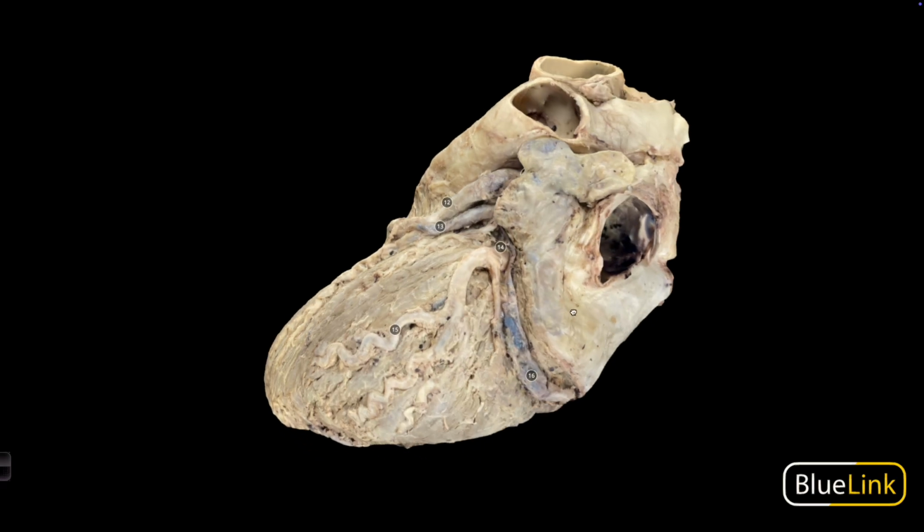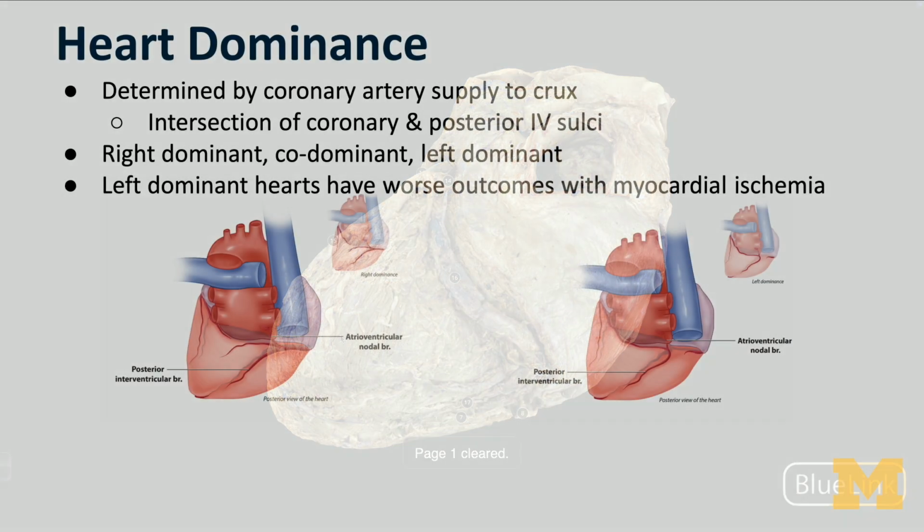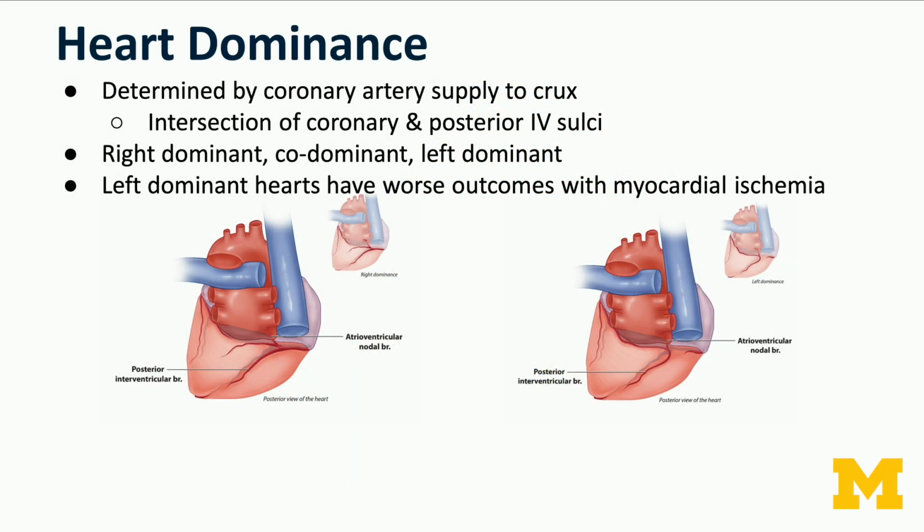And we can rotate that around. And we can see that that circumflex branch peters out, and it never makes it to the crux of the heart. So it just continues to serve the left ventricle there. As we know, vessels are variable.